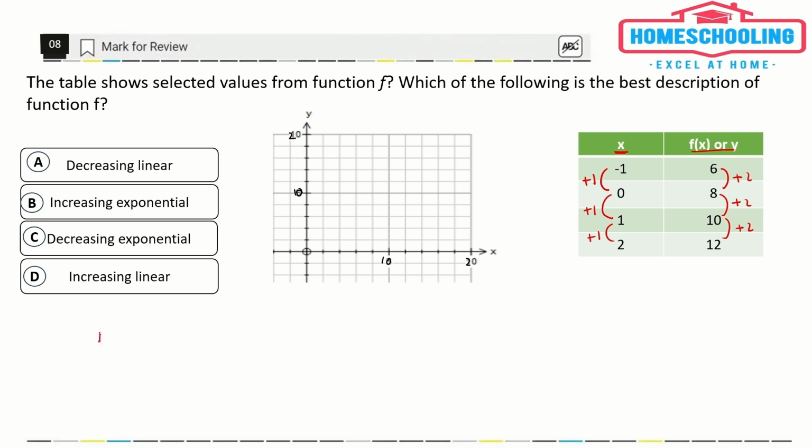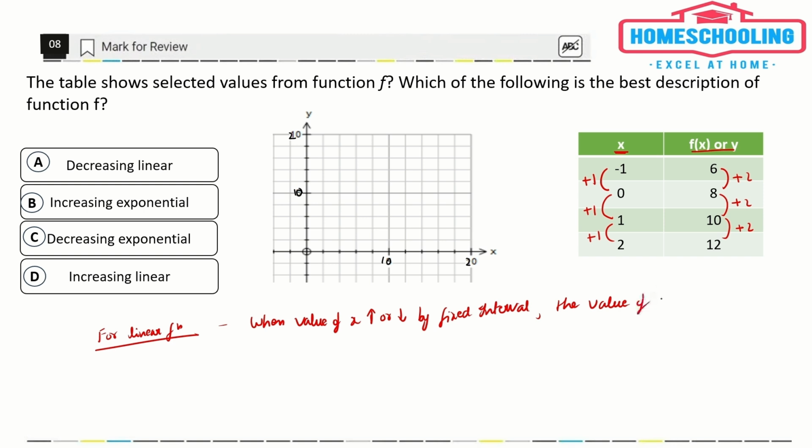for a linear function, when the value of x increases or decreases by a fixed interval, the value of y increases or decreases by a fixed interval.